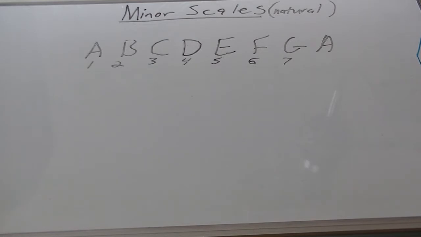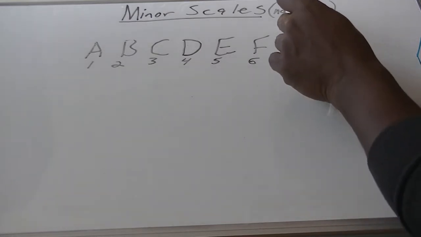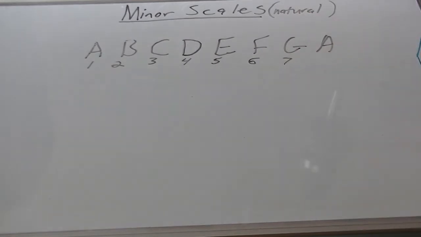Today's lesson is on minor scales. Before we go any further, I should point out that there are several types of minor scales, so there's a little bit more complexity on the minor side than there is on the major side. The one we're going to look at today is what I was taught as the natural minor scale.